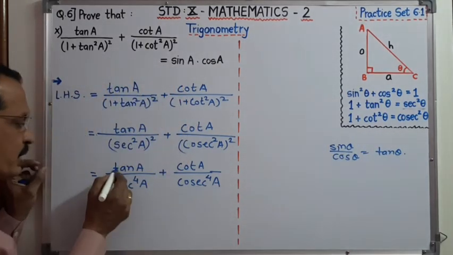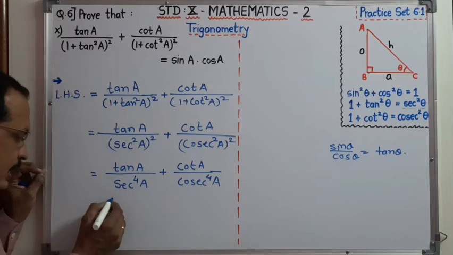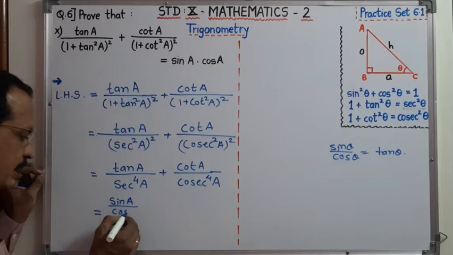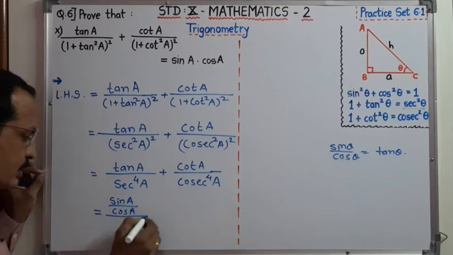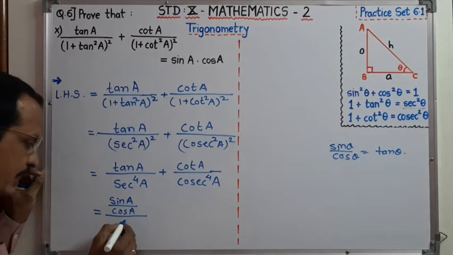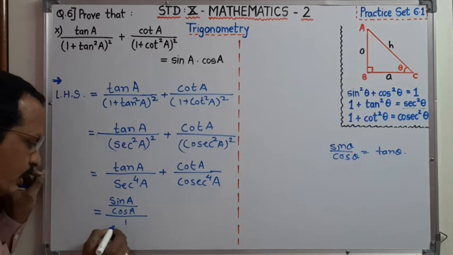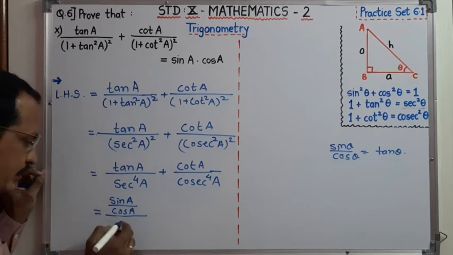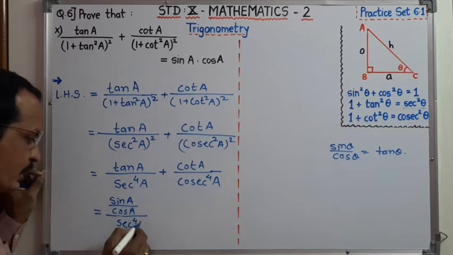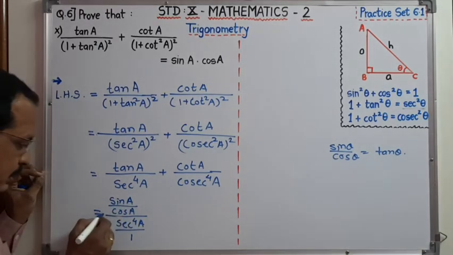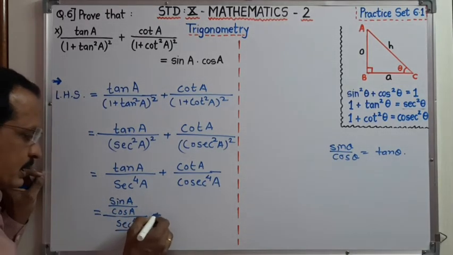Therefore, instead of this tan A, we can write dear student sin A upon cos A. And here dear student, sec raised to 4A means we can write it as sec raised to 4A upon 1. It will be easy to understand the next step.